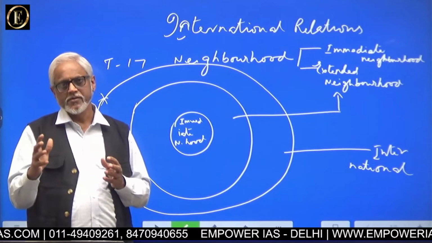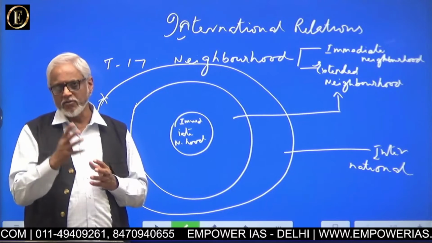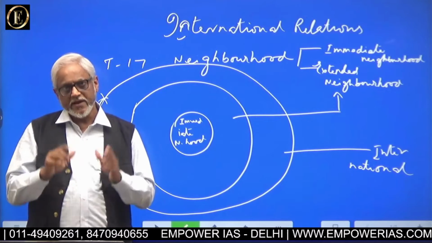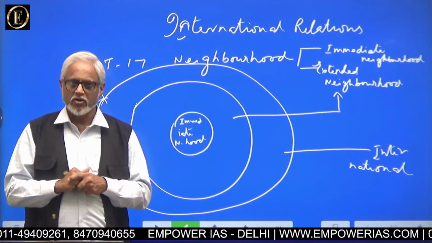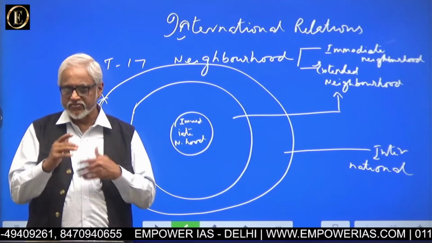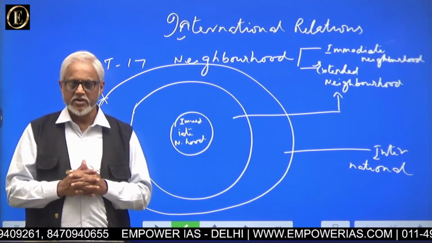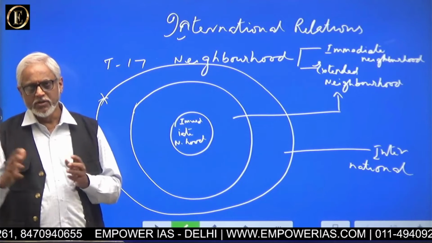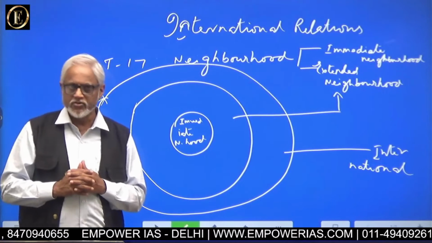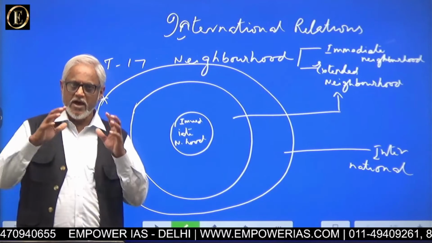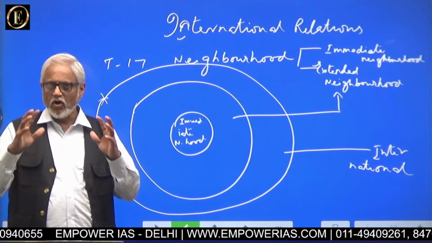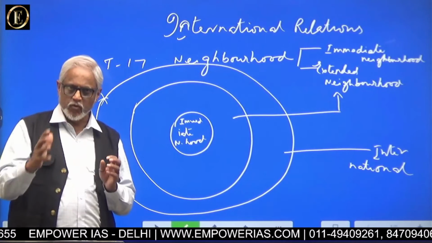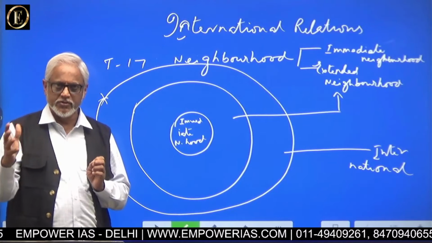Later on, from around 1997 onward, India has taken the extended neighborhood concept very seriously. It has defined what extended neighborhood means, and over the period, which is around now, you can say 25 years, India has been in a very organized, very structured way, shifting its focus to the extended neighborhood area too.